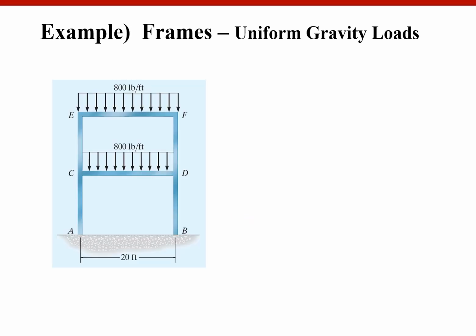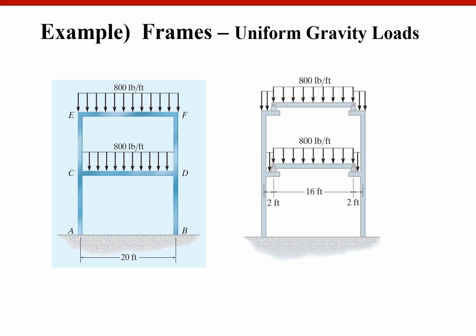Okay, so let's solve one example here. It's 20 feet, so 0.1 L will be 2 feet, 0.1 L will be 2 feet, and the remaining will be 16 feet. Anyway, this is what you need to have in your mind when you take the exam.